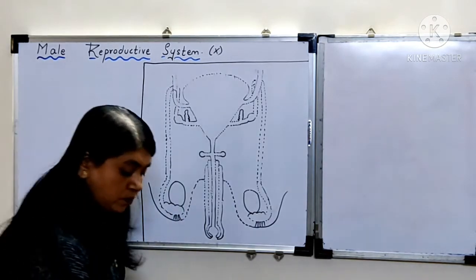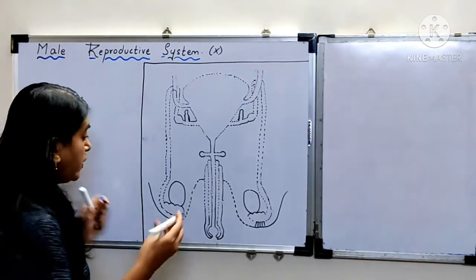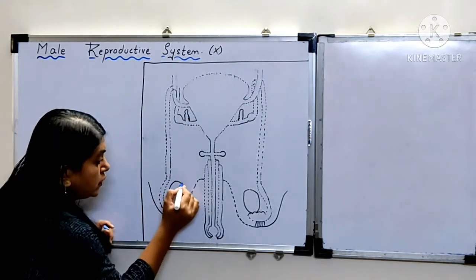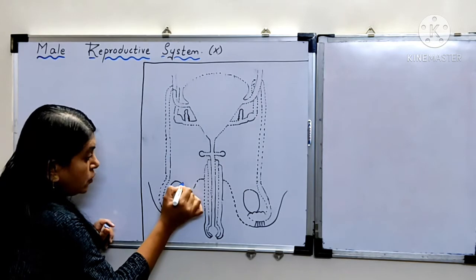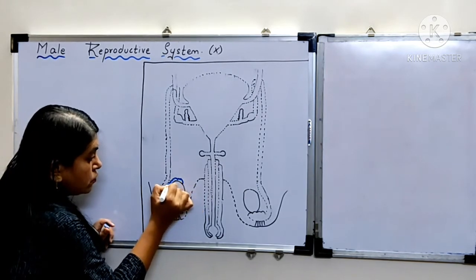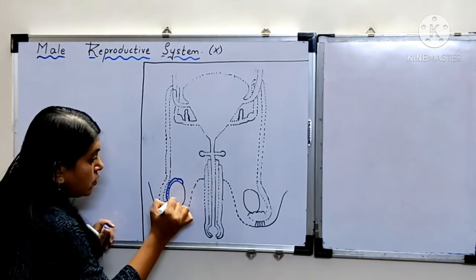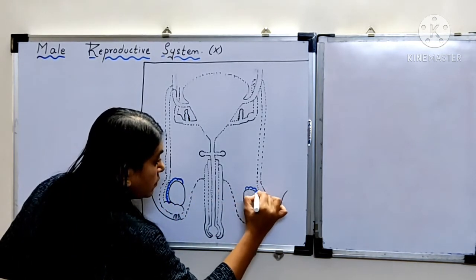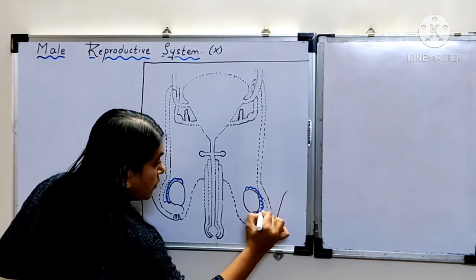Now let us draw one more organ. On the inner side of these ovals, you will draw, starting from its head, you will draw this structure. See, on the inner side I am drawing. Like this.